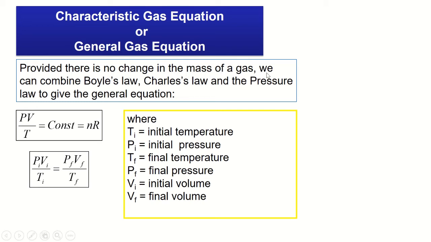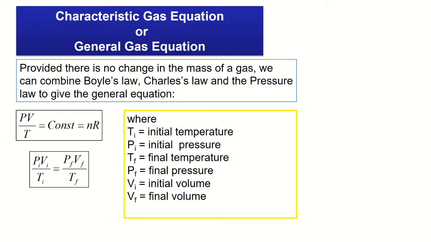So what we can do, we combine Boyle's law, Charles' law, and one more law, this is the pressure law. If we combine all these three laws together, then we get this kind of equation, and this is known as the gas equation or the general gas equation.